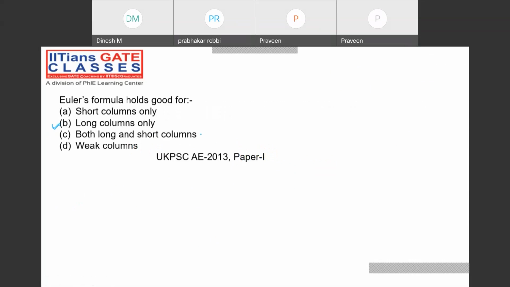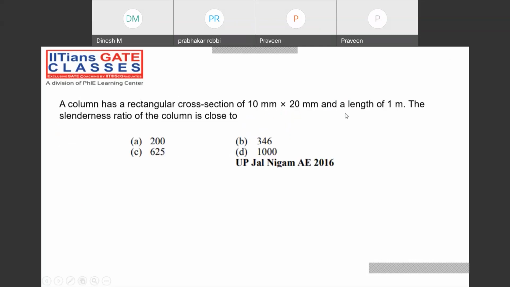Now for both short column and long column, we have Rankine's formula, where we are considering both crushing load and Euler load together, and we are calculating one resultant load, right? Of course, it is there in the GATE syllabus, but right now for PSU examination, we are not focusing. Now, note down the last problem and let me know the answer.